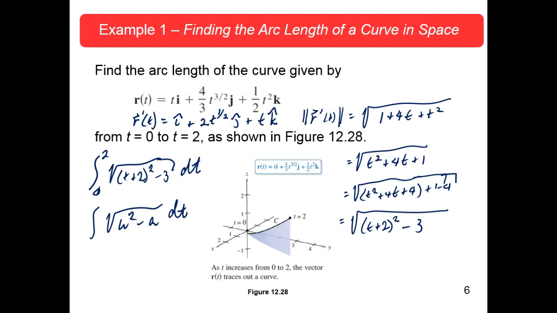I think the trig substitution would have been for u squared minus a squared, and that's why it's not a trig substitution, because it's a. But how you deal with that is you make it an a squared, where a is the square root of 3. So we will look for u squared plus or minus a squared.